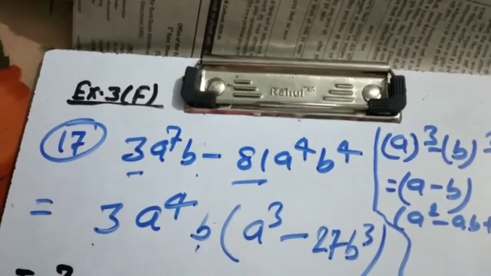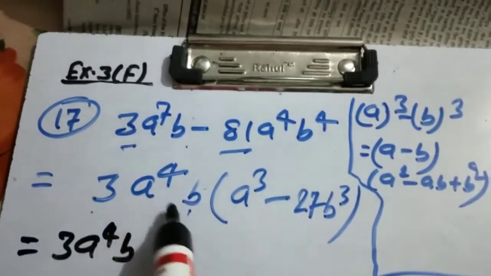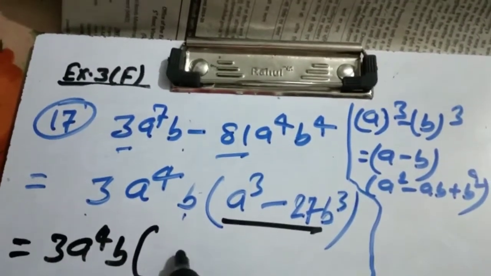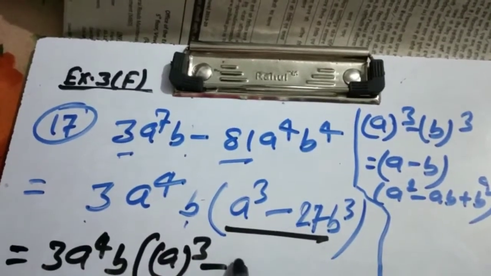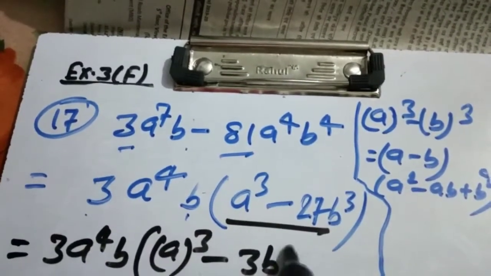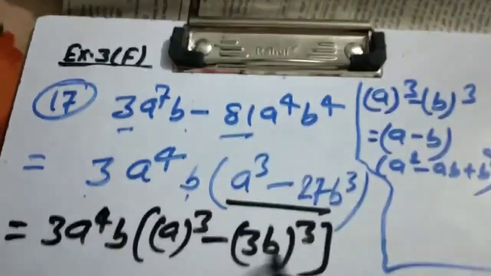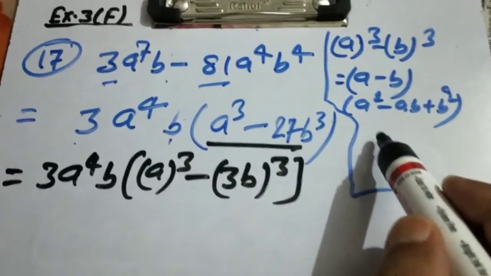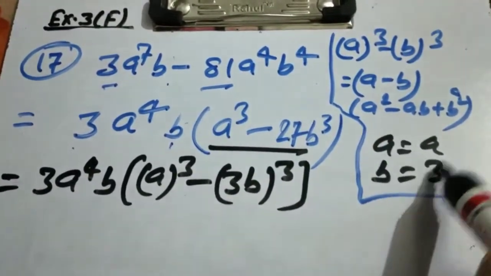So this will be equal to 3a power 4b, and this will remain the same. Now we have to factorize this. This will be written as a the whole cube, and 27 is the cube of 3, and b cube is the cube of 3b. So it will be written as 3b the whole cube. Now here a is equal to a itself and b is equal to 3b.